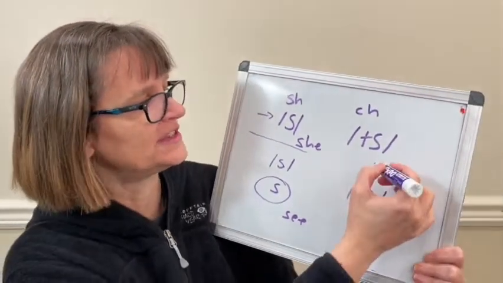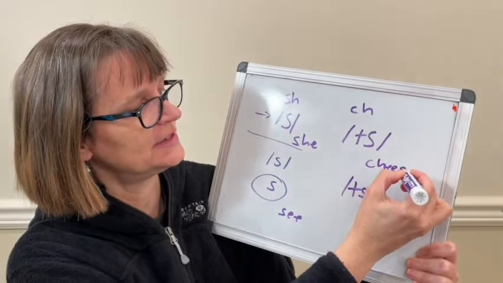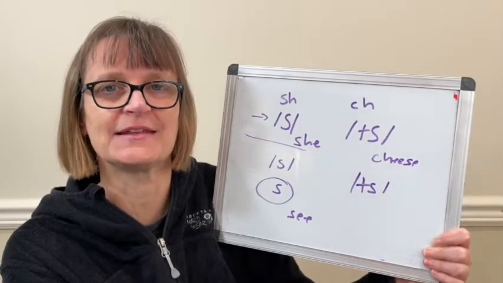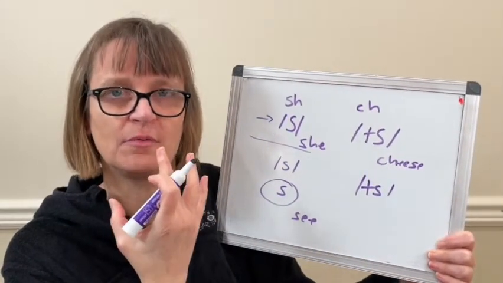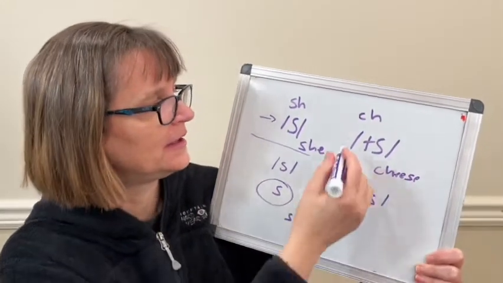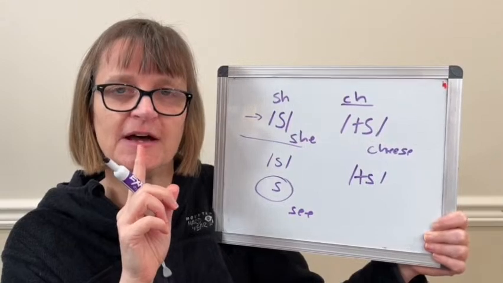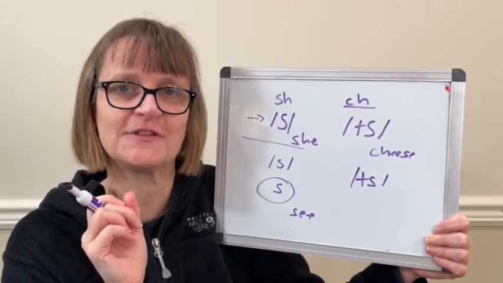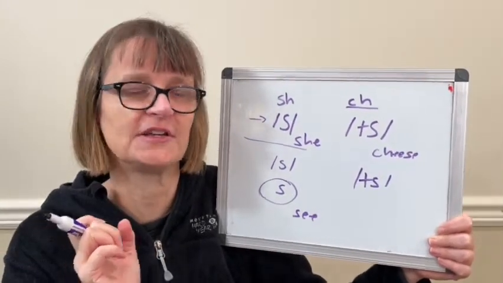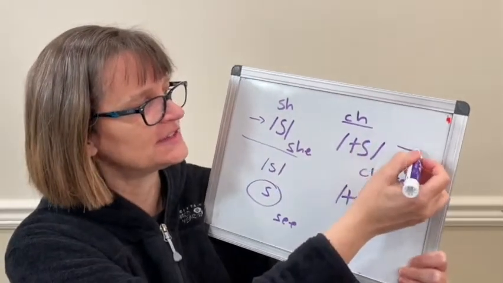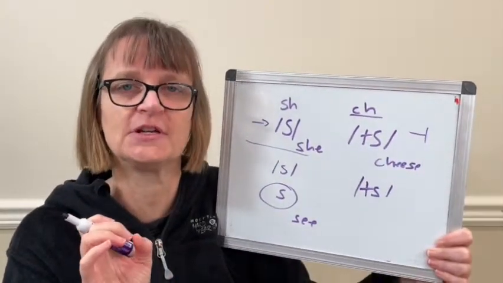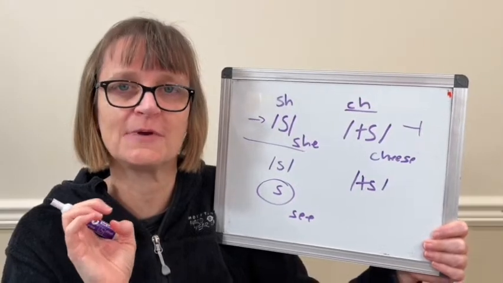So if you were saying a word like cheese, it might sound more like tsees if your tongue was too far forward. The CH sound does start with the tongue lifted behind the teeth in the position it is for the T sound, and then it drops to the SH sound. The difference here is that this sound can't continue when I'm saying CH, like which.